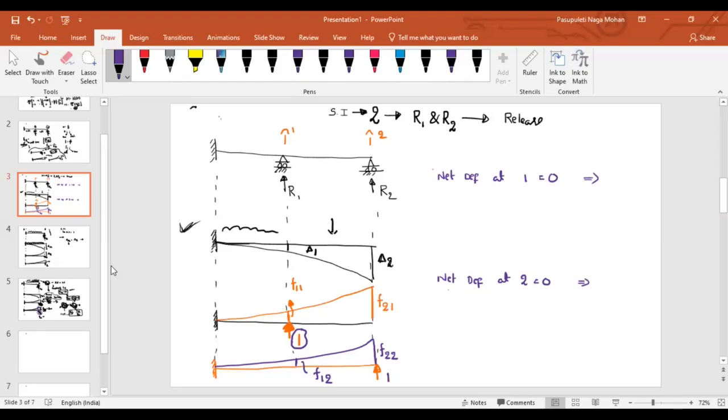No doubt, isn't it? Now, at coordinate 1, tell me how many deflections are possible in the present case. Deflection due to this, isn't it? Yes, sir. Two possible, sir. And what about this?